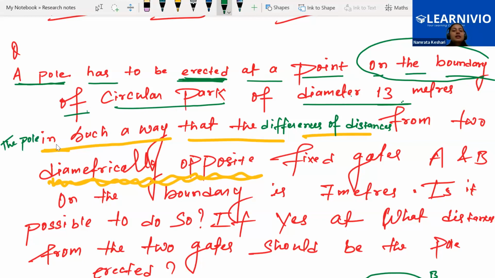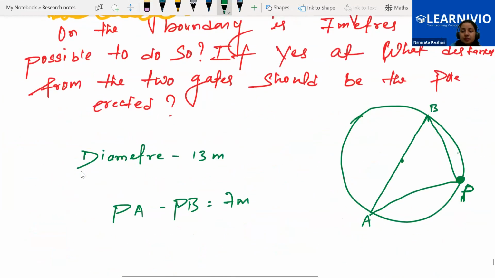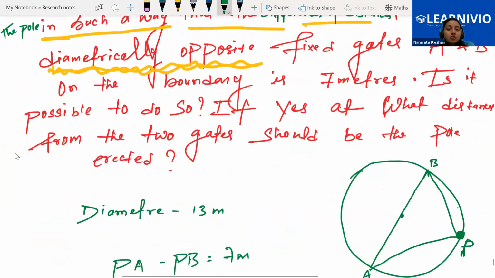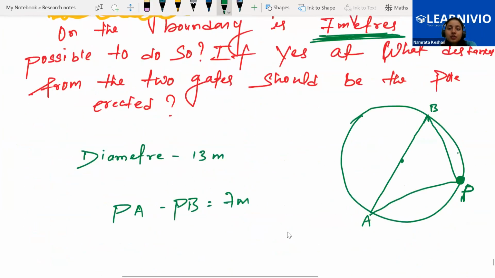The pole is standing in such a way that the difference of distance from the two diametrically opposite fixed gates, this distance and this distance, these two distances, their difference means subtraction is 7 meter. That's what we have written over here.